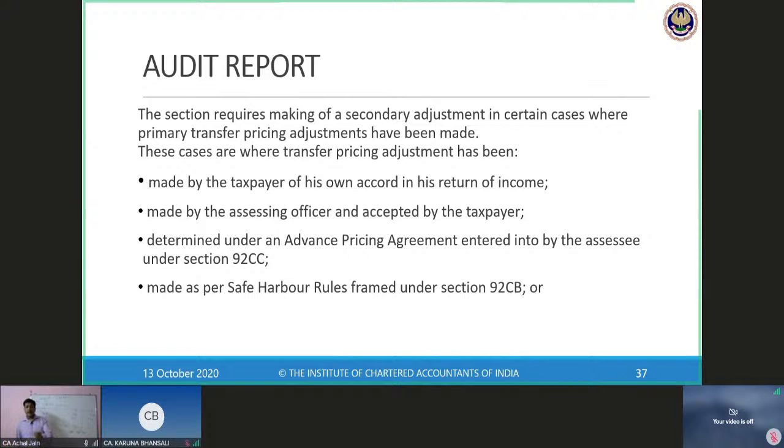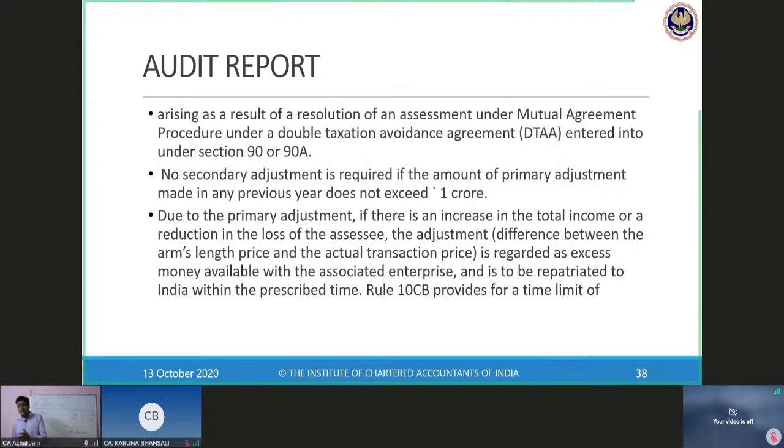These cases are where transfer pricing adjustment has been made by the taxpayer of his own accord in his return of income, made by the assessing officer and accepted by the taxpayer, determined under an advance pricing arrangement entered into by the assessee, made as per safe harbour rules framed under 92CB. And there are various other provisions of this 92C, which I am not really getting into.